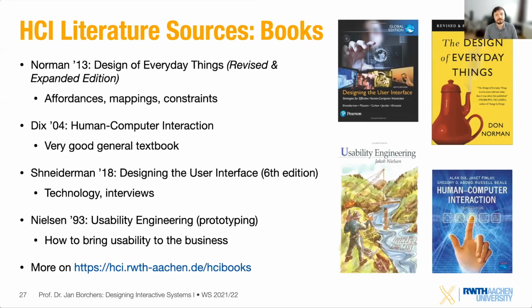Of course, there are also textbooks about our topics. The most famous one, I would say, is the one you should already start reading. This is Donald Norman's book, The Design of Everyday Things. This is teaching you about more or less everything you have learned until now in this course, and some stuff you will learn, like affordances, mappings, and constraints, which will come up.